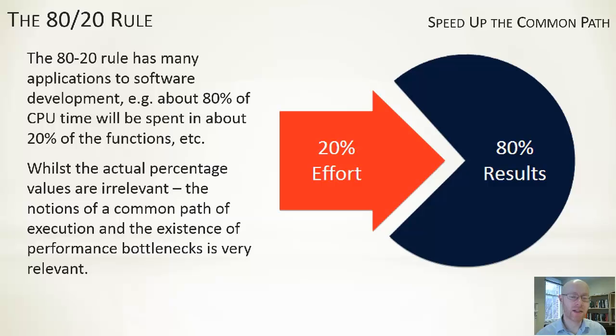Now, the exact percentages are irrelevant. It's unlikely to be 80 and 20. That doesn't matter. What does matter is that the majority of execution time is very likely to be spent in a small number or minority of methods. And that ties into the whole notion of what's known as the common path, how you typically flow through code 9 times out of 10.